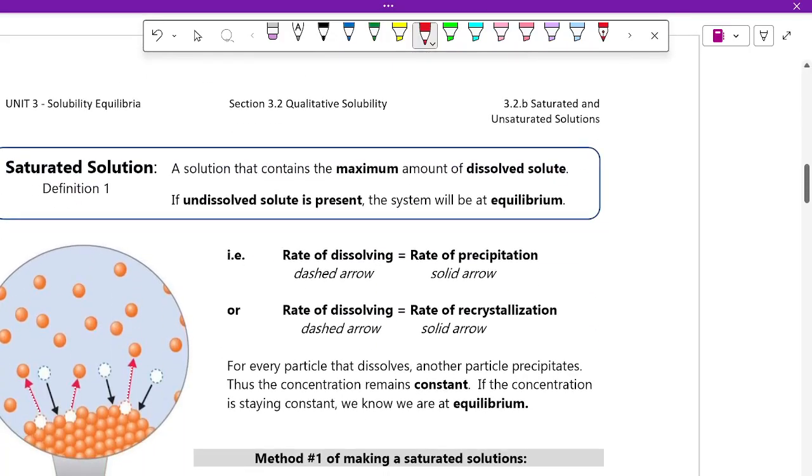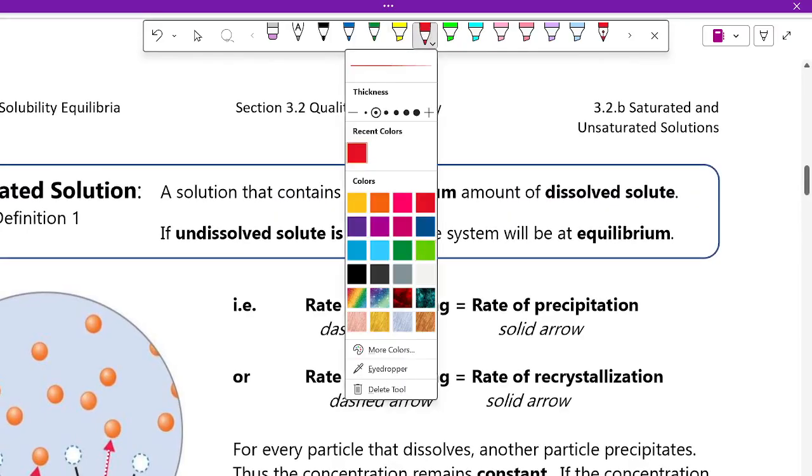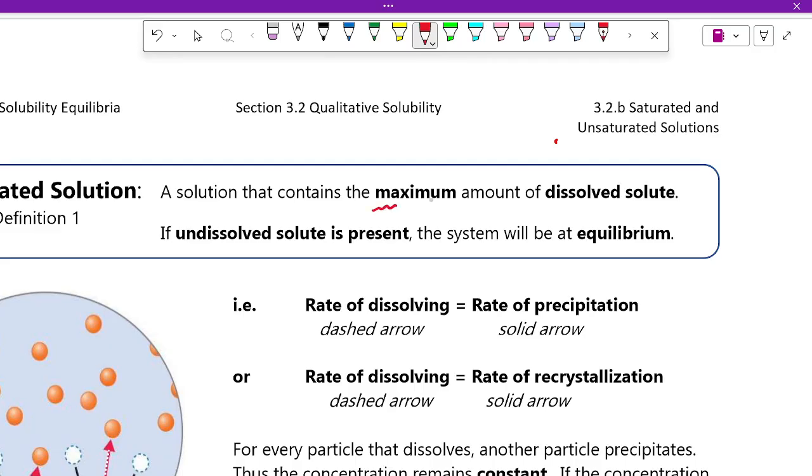Now we hit a saturated solution, and that contains the maximum amount of dissolved solute. If there is any undissolved solute present, the system will be at equilibrium.